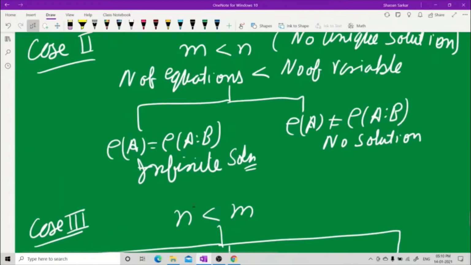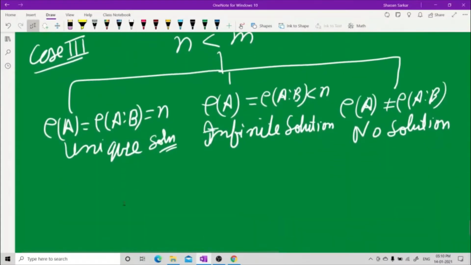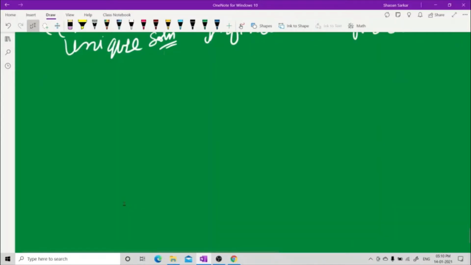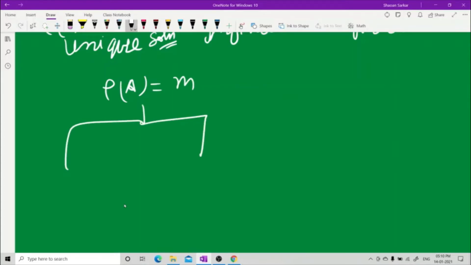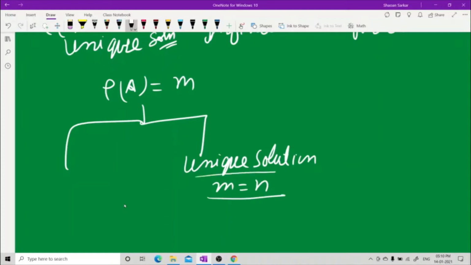You don't need case number 2 and case number 3, because you all have square matrices only. Now, suppose rank of A is m, then there are two cases. That is unique solution, provided m equal to n. And infinite solution when m less than n.